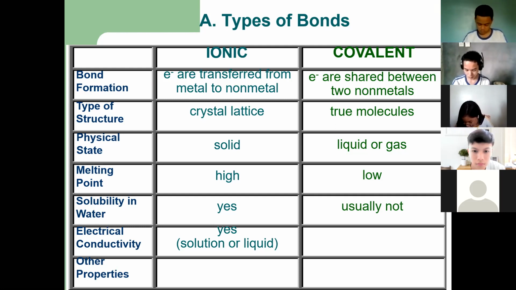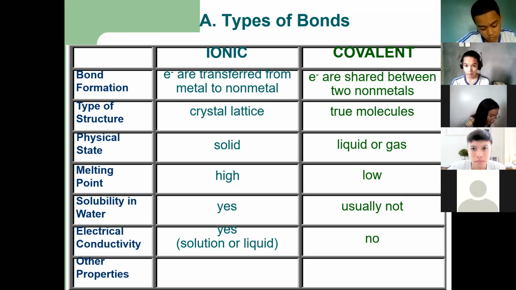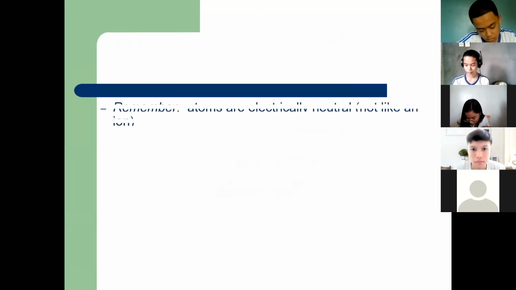For covalent bond, it's no. For other properties, they don't have any except for metallic bond, wherein we have ductility, malleability, lustrous, transparency, crystalline structure, odor, texture, a lot. In a metallic bond, there are a lot of properties. What was mentioned in the previous slide was just three: malleable, ductile, and lustrous. Never mind the next.